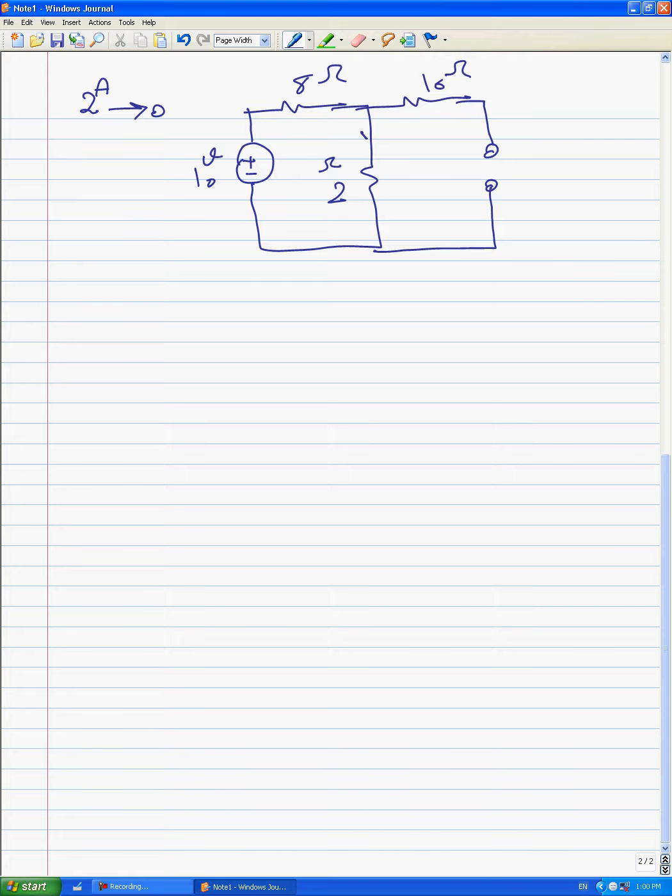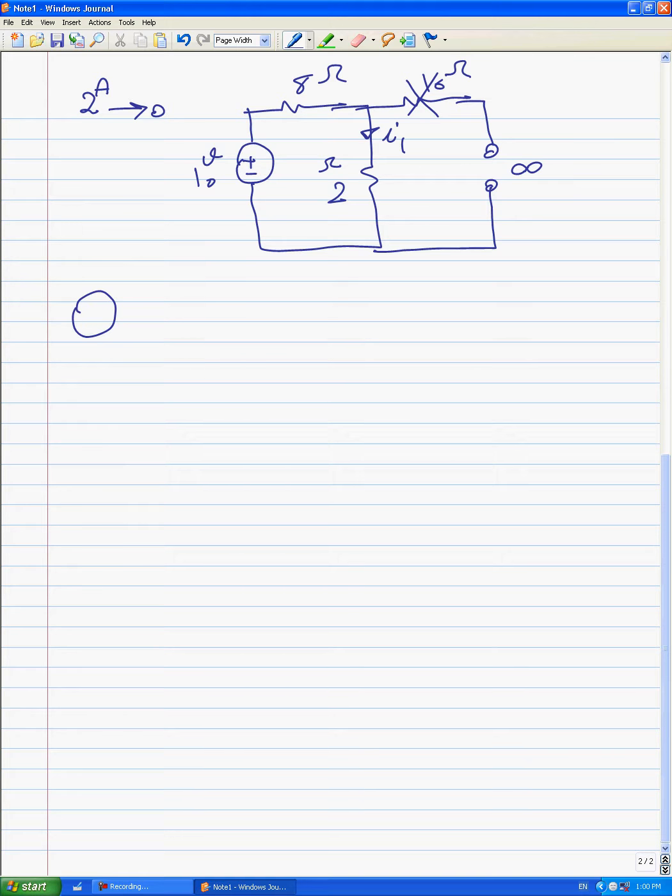The current here is equal to I1 because we are in the first part of superposition. For this reason, this current is called I1. Okay, here we have infinity, and as we learned in tutorial 1 we can discard this 10 ohms.